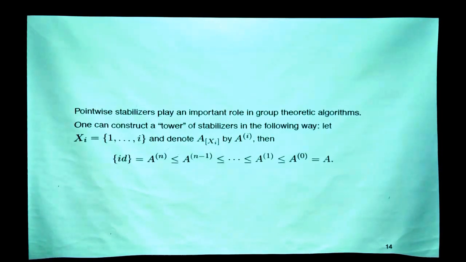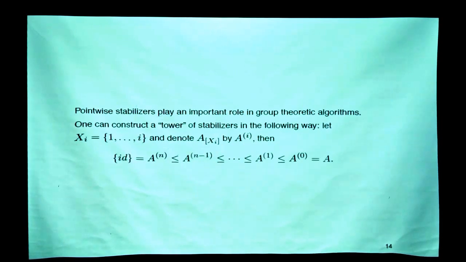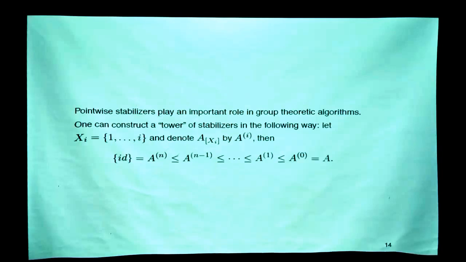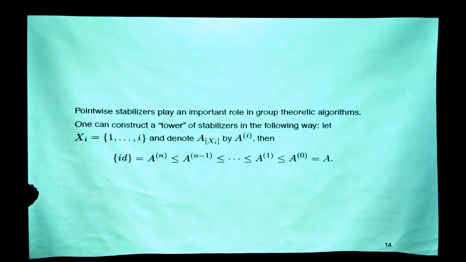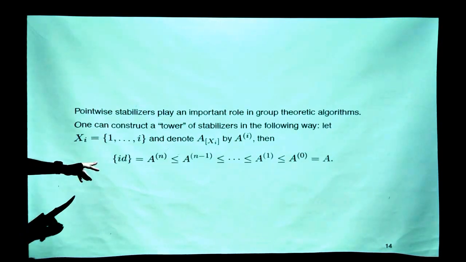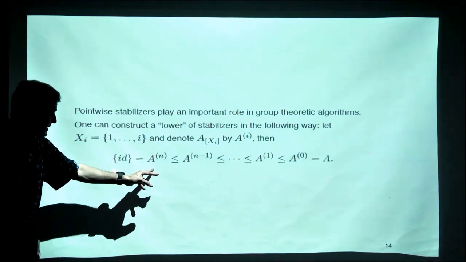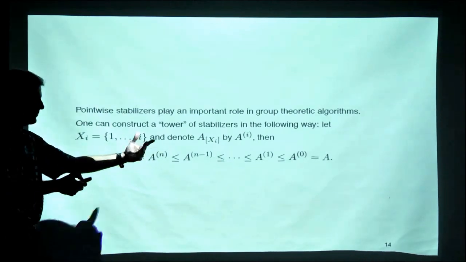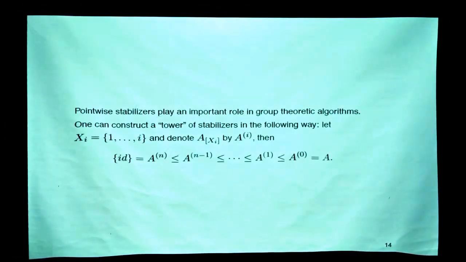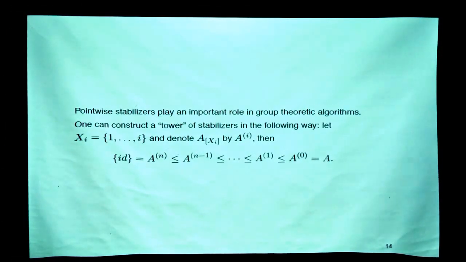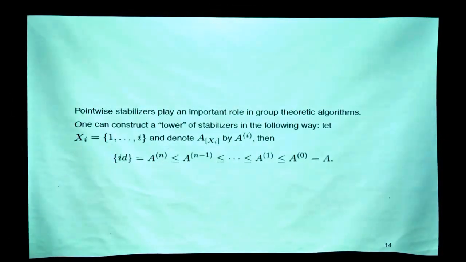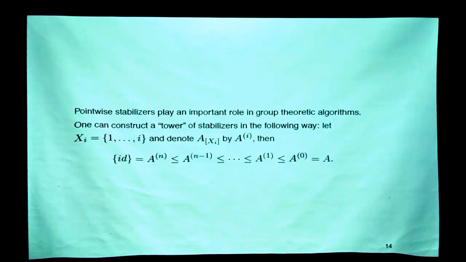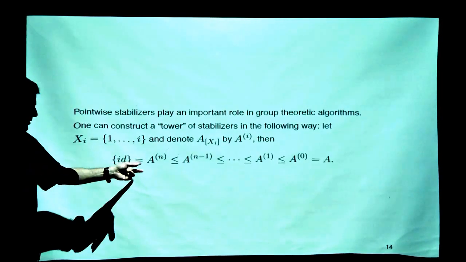Right, and this, what I call pointwise stabilizers, they play a very important role in group theoretic algorithms. We can construct what's called a tower of stabilizers in the following way. First, we start, these are all groups of automorphisms of different graphs. So we start by fixing all the vertices, like coloring each vertex in a different way, and we have the identity.